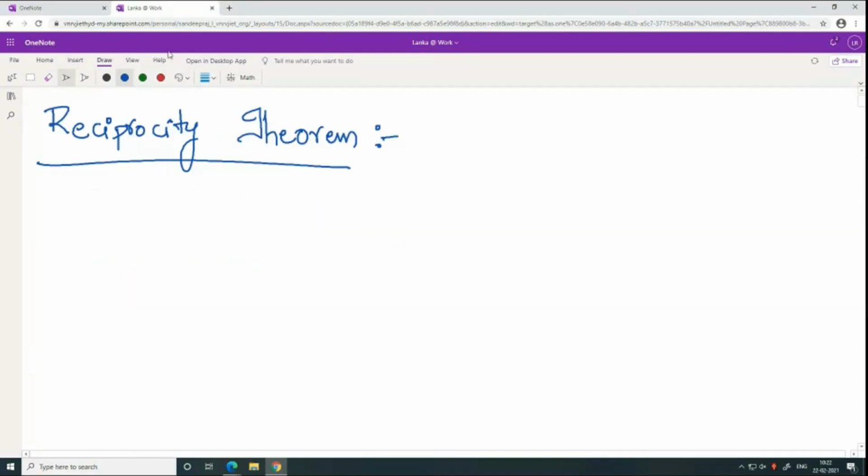The next thing that we are seeing is the reciprocity theorem with respect to our shape factor. What does this reciprocity theorem say? It says this: A1 F12 is equal to A2 F21. Let me explain this.